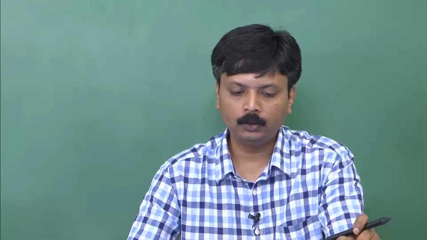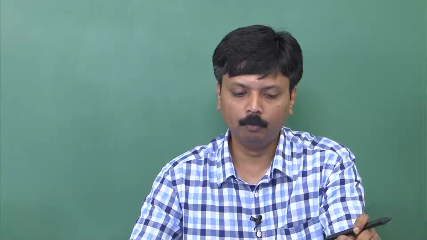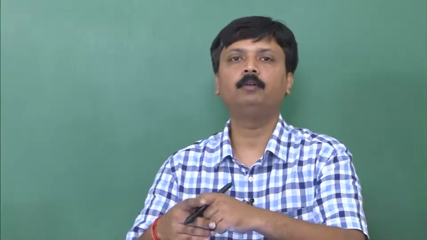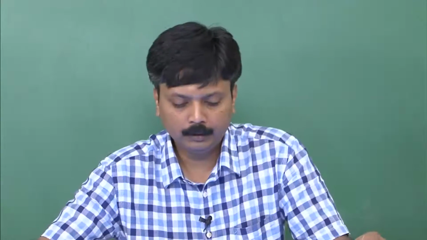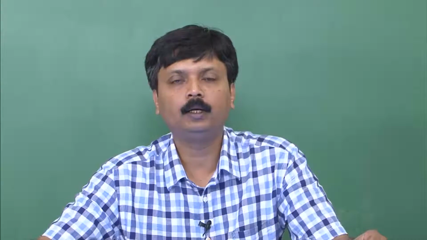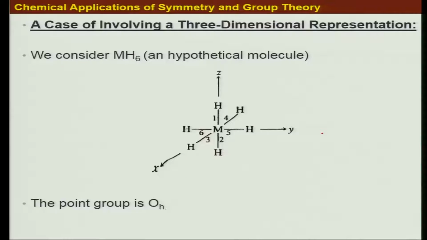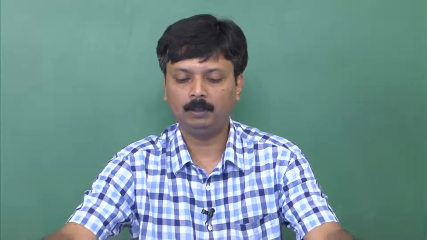All right. So next we will move toward an even higher case, where the complication level is a little bit higher. So we will look for a case which involves a three-dimensional irreducible representation, and we will try to find the SLC for that particular three-dimensional representation.